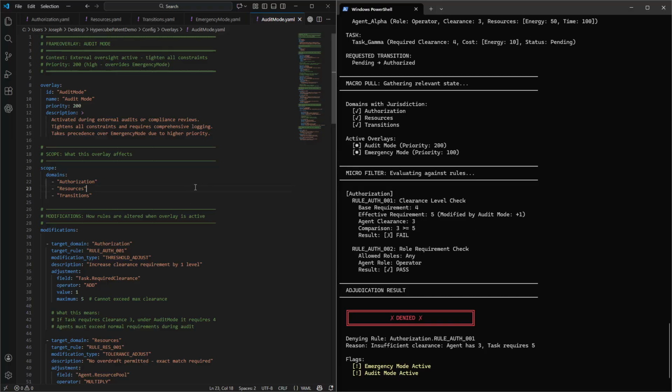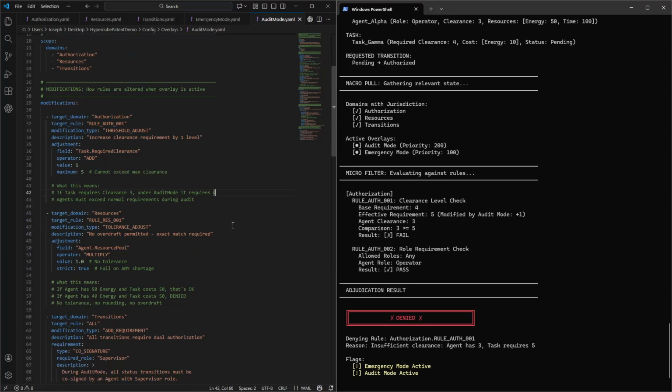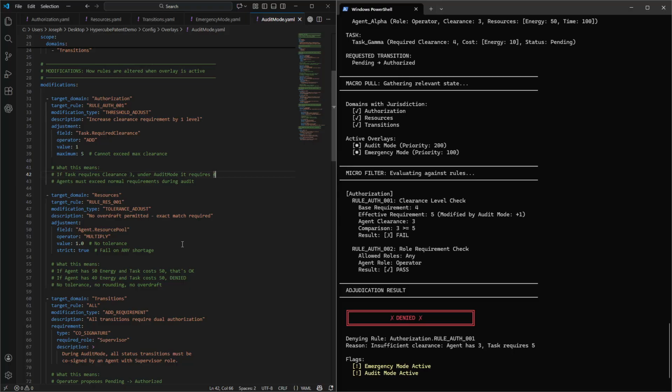Second overlay, audit mode. Priority 200, higher than emergency mode. Audit mode tightens constraints. Clearance requirement increased by 1.